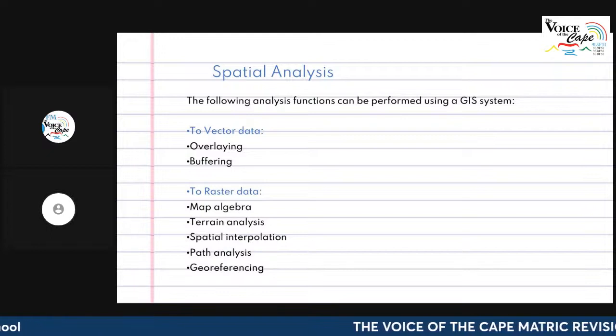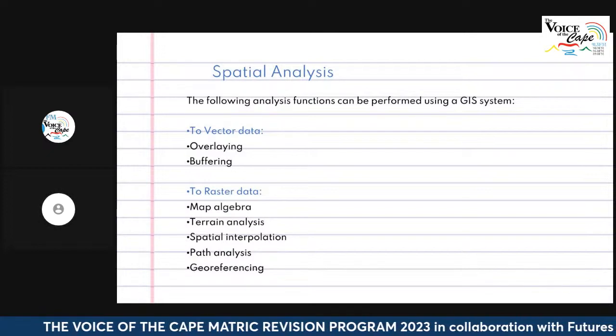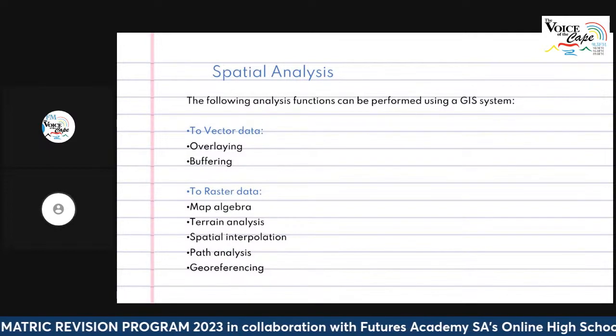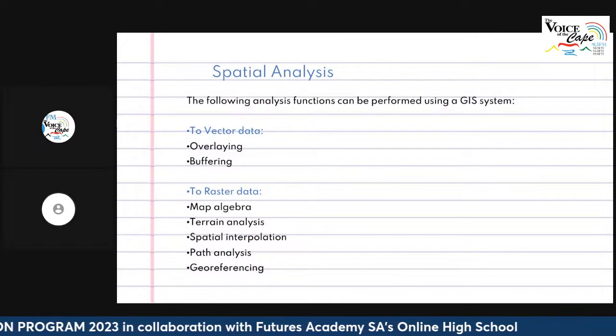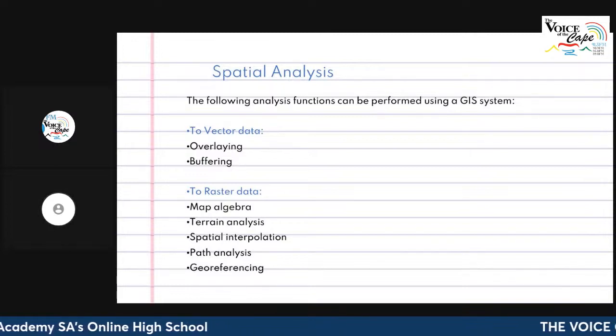Or there is an area that needs to be conserved, so we use it to conserve that area. Or for instance, it's an urban area and we don't want people to build on that particular piece of land. We buffer it.